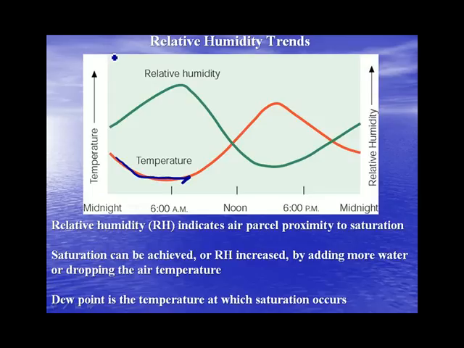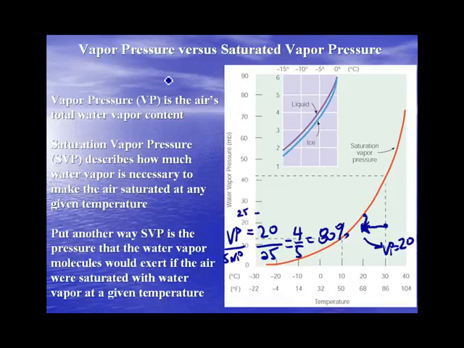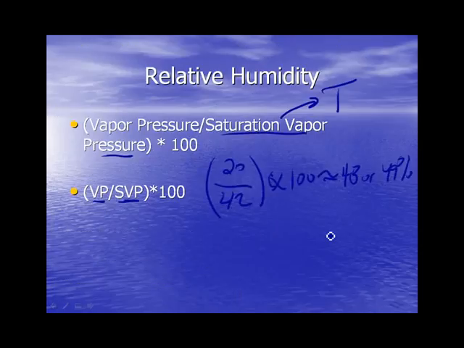In other words, we don't change the amount of moisture in the air, but because relative humidity is a function of saturation vapor pressure, which is a function of temperature, as the temperature decreases, the relative humidity increases. We just saw that with the previous example. I took this air parcel that had 20 millibars of vapor pressure, I cooled it from 30 to 20, and we saw that the relative humidity went up to 80%, although the amount of moisture has not changed.